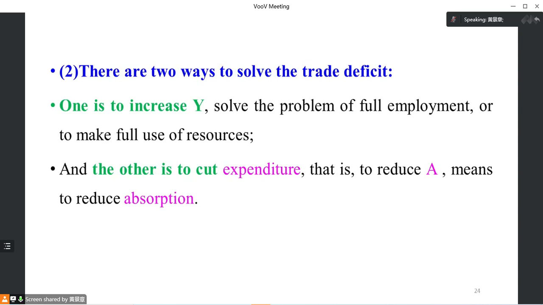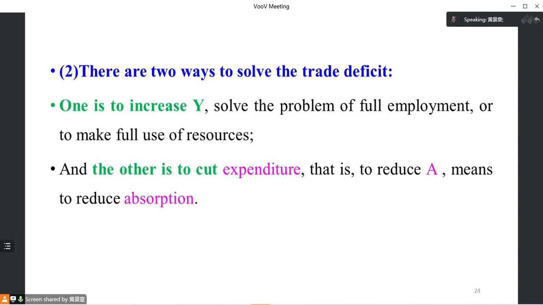So last time we reached this place. If a country's trade account has a trade surplus, the government will not do anything to change this state.